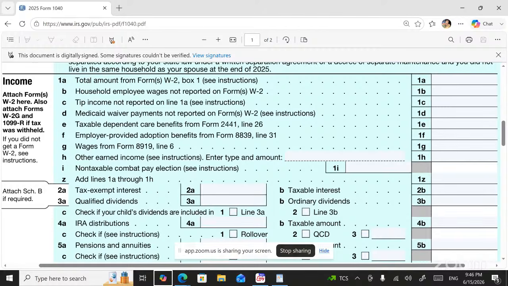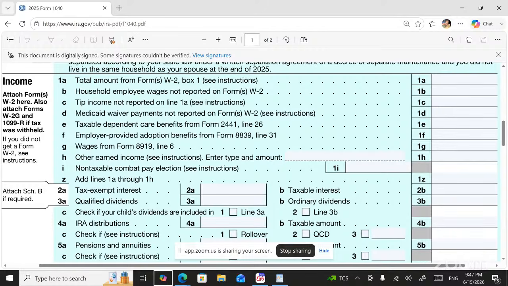Now the employee is responsible for including that tip income directly received by him at the time of filing his tax return. That is 1C, tip income not reported in 1A. 1A means the W-2 form directly reported by the employer.